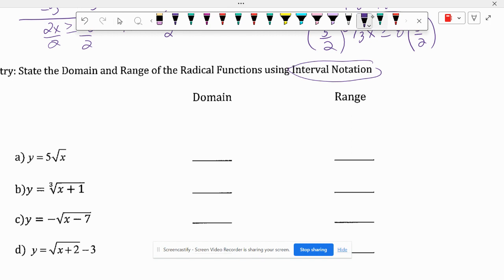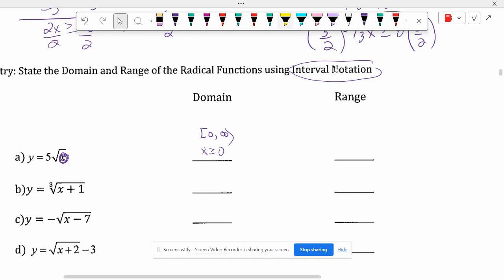Their domain is what? This doesn't have any shifting going on. So this begins where? At 0. So x is greater than or equal to 0. So that looks like this. 0, comma, infinity, parenthesis.